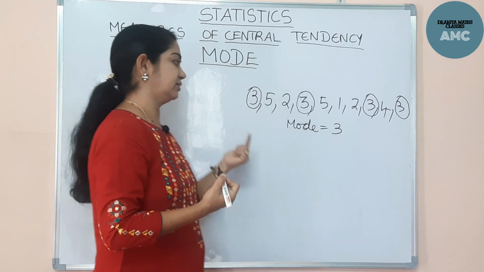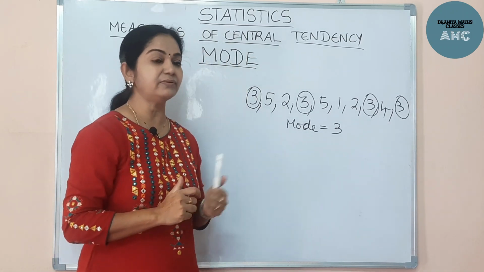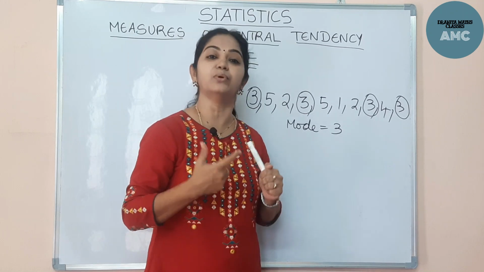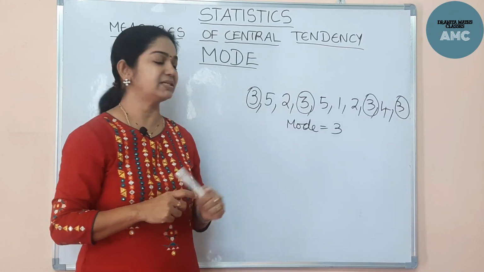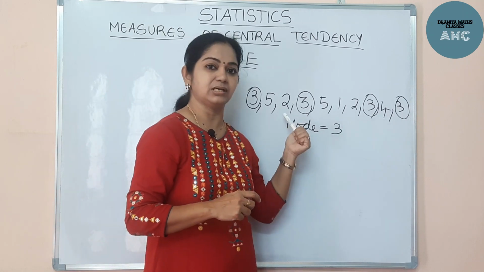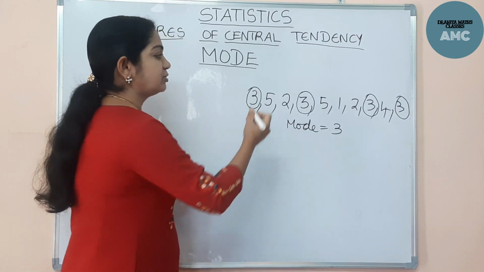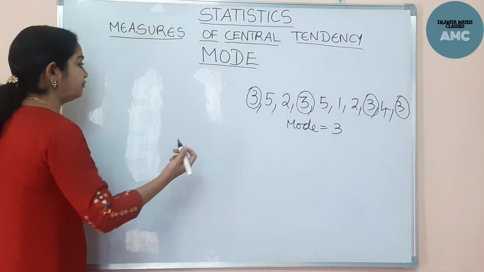So, this you have learnt in your previous sessions. Now, by merely observing the data, we cannot predict the mode of a grouped data. For grouped data, by just seeing the observations, we cannot find the mode. So, to calculate the mode for grouped data, we need to go through a formula.